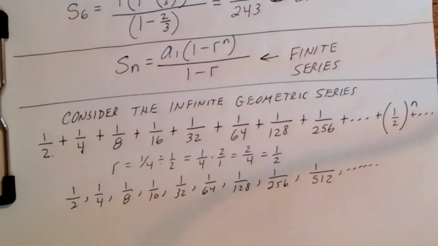Are the terms getting larger or are they getting smaller? Smaller. It looks like these fractions are getting smaller and smaller. So this infinite geometric series keeps adding fractions that are getting smaller and smaller. Isn't that true?